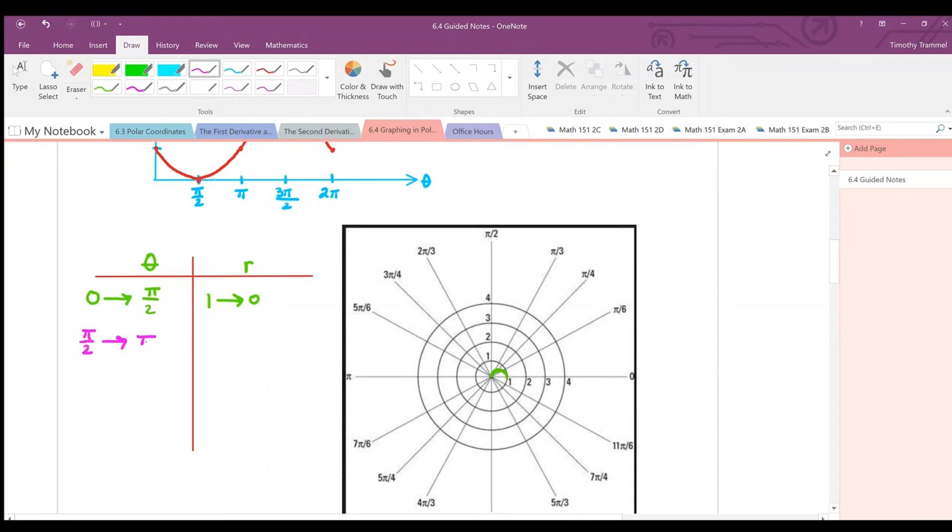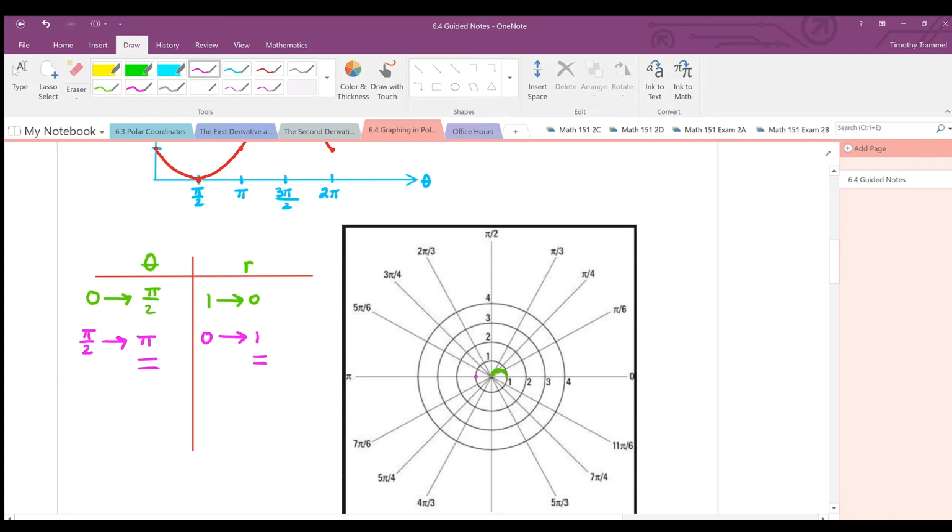to pi. And as we do that rotation, if we look at the graph, we can see that at pi over 2 it was 0, and then at pi it was 1. So when we've rotated pi radians, r is supposed to be 1, so we should be back out here again.